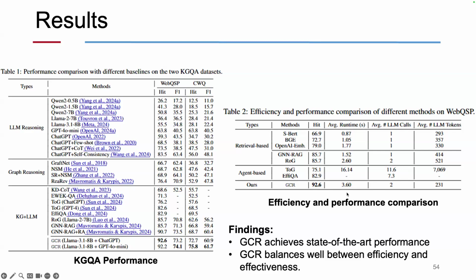So our method actually strikes a very good balance between performance and speed, because we do not need to inject knowledge into the prompt. So we have zero additional token consumption. It's just the question itself.